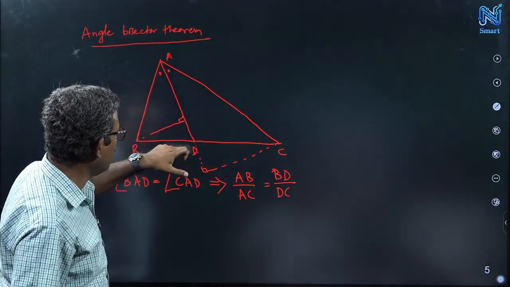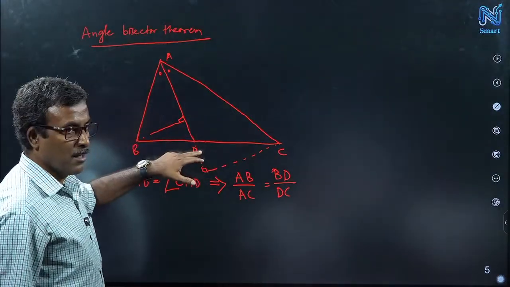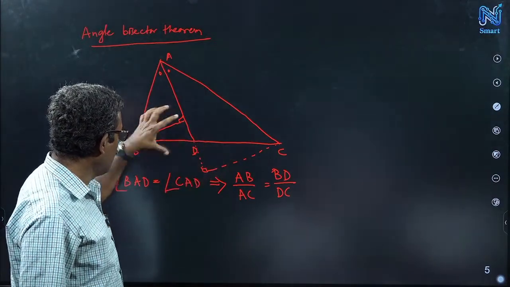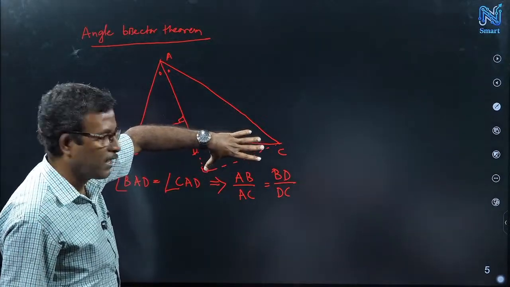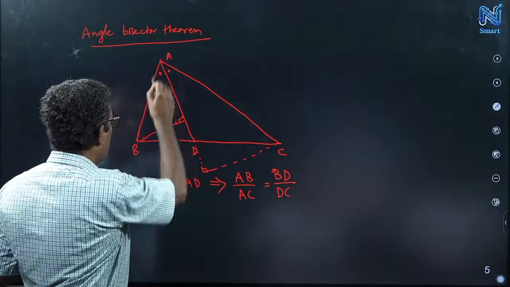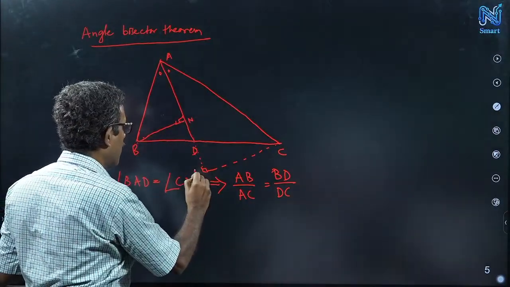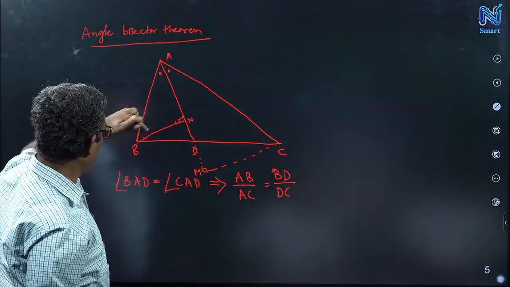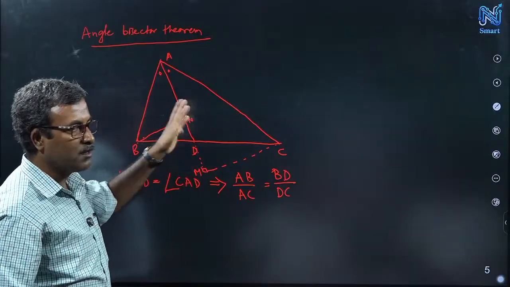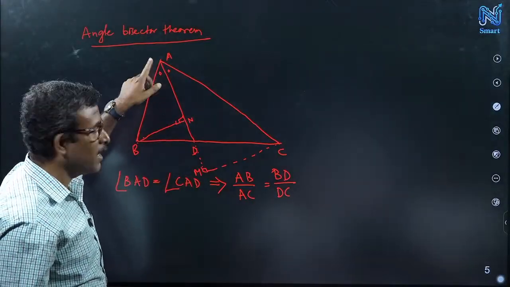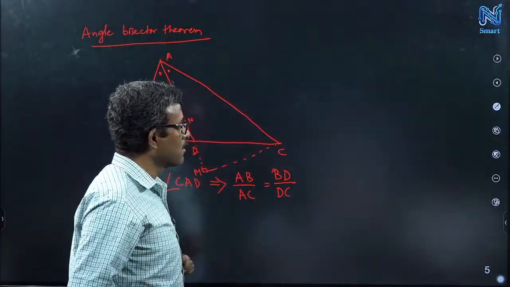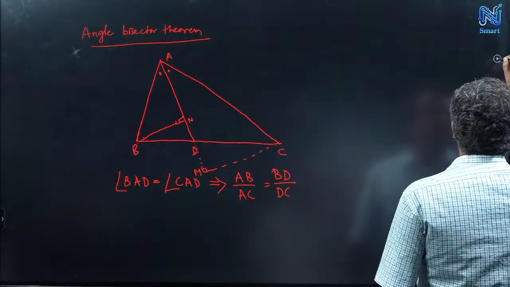From that you can find BD by DC is this divided by this, and again this divided by this. Say this is N and this is M: triangles ABN and ACM are similar, because two angles are equal, both are 90 degrees, so the third angle must be equal. From that we can easily find this. So go back with this.